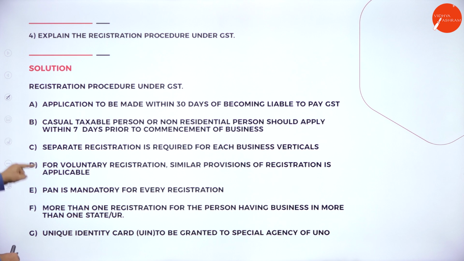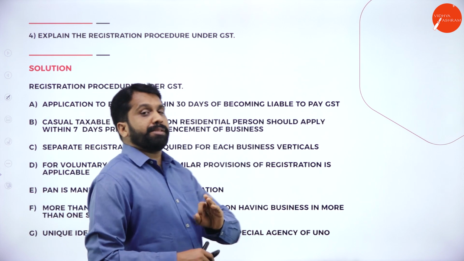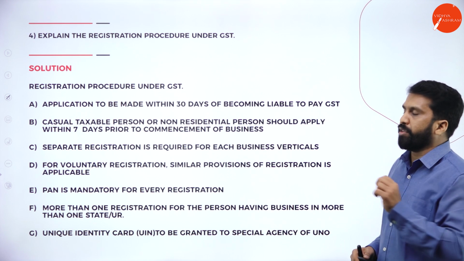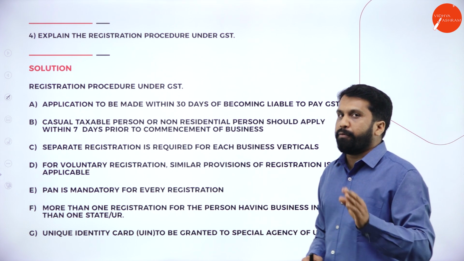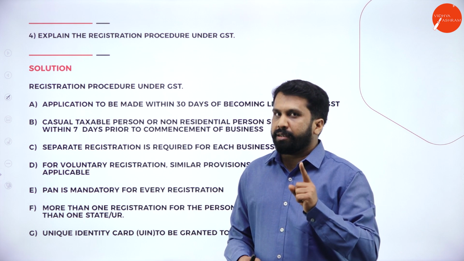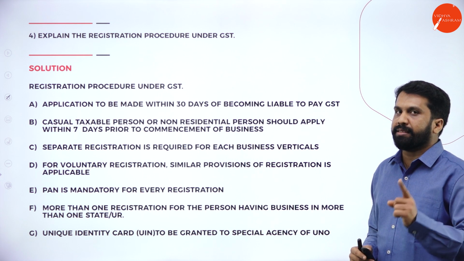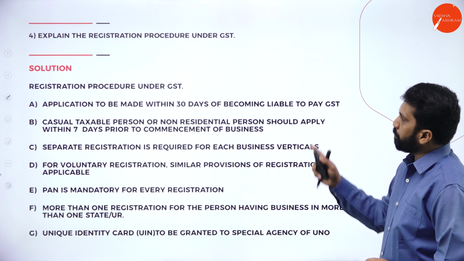Now, these are the registration procedure. Explanation not required. Only the exact point you have to mention. If you are very weak in practical, remember you can also pass in this subject by writing theory. So total points you have.